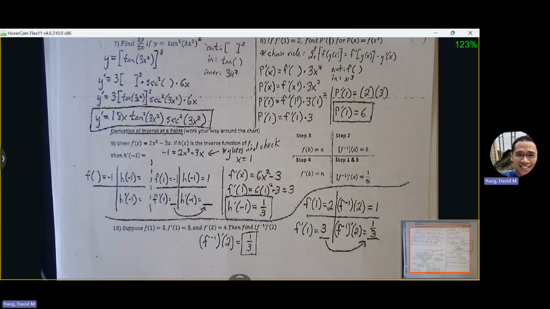If I want to find the derivative of the inverse at a point, I know I can set it up this way. Whatever point they give you, it's always going to be the y value of your original function. And then a lot of times you're working on the original function side to figure out your ordered pair.